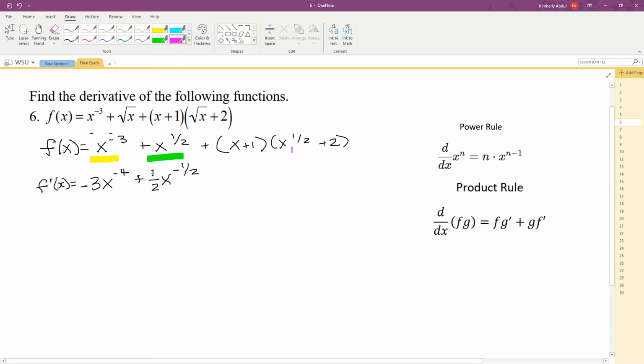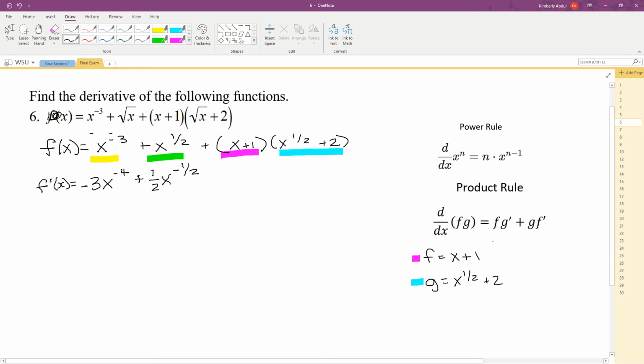Okay, now for this other part, we're going to break this down using the product rule. So I'm going to let this part be the f and then this part be the g. Now technically, it's a little sloppy to be using the same letters, but hopefully it'll make enough sense. So f is going to be equal to x plus 1, and then g is equal to x to the 1/2 plus 2. So I'm going to first figure out what the derivatives of those functions are.